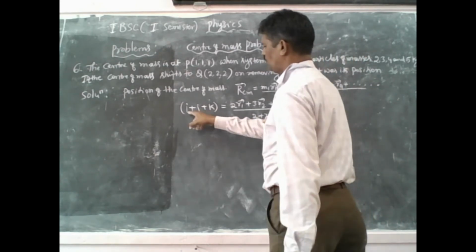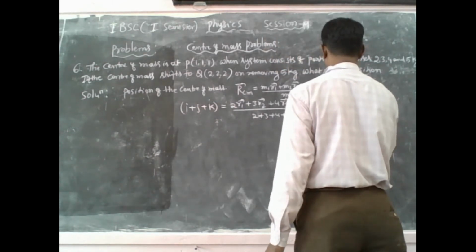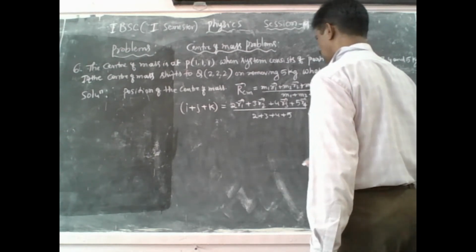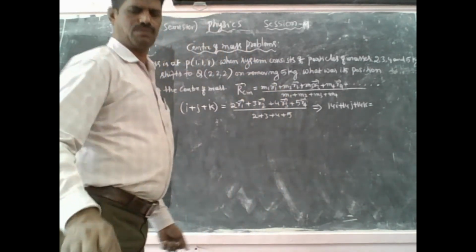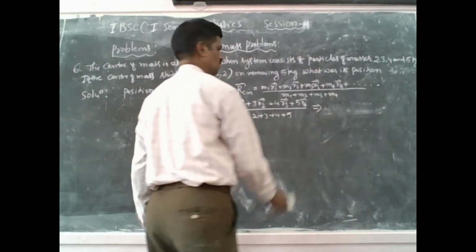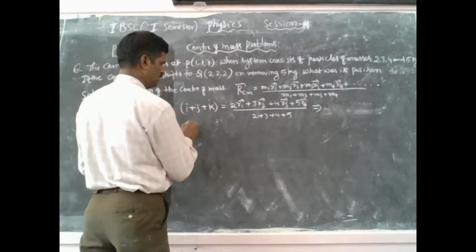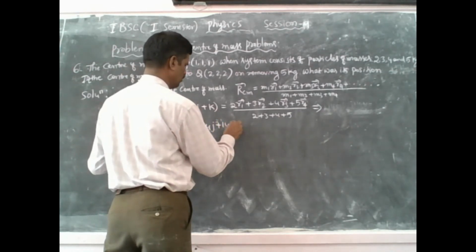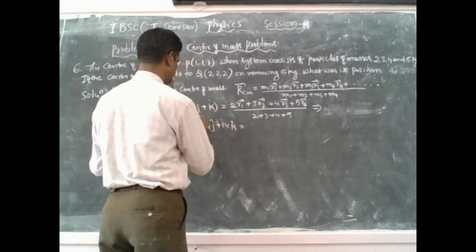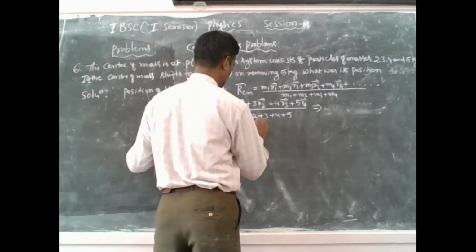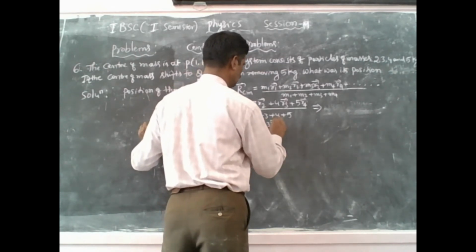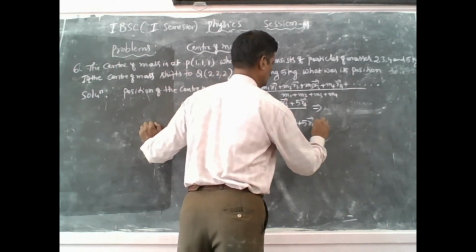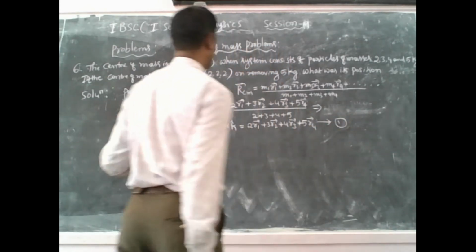That's why 14I plus 14J plus 14K equals 2R1 plus 3R2 plus 4R3 plus 5R4. This is equation number 1, isn't it?